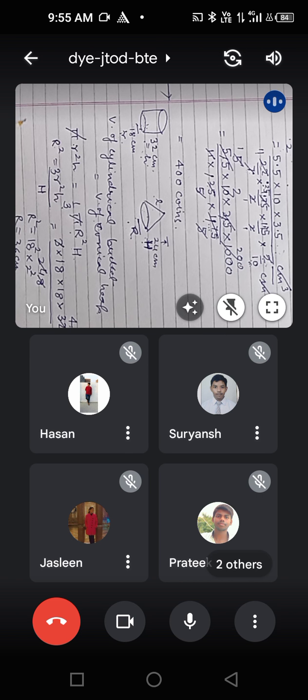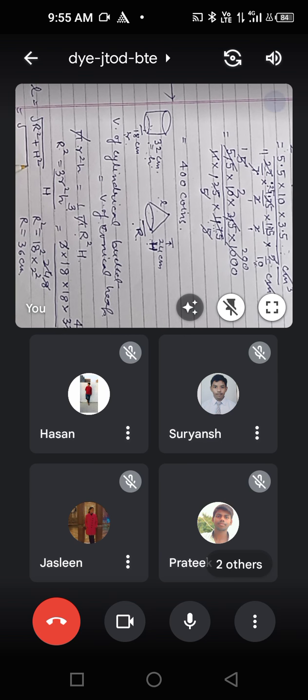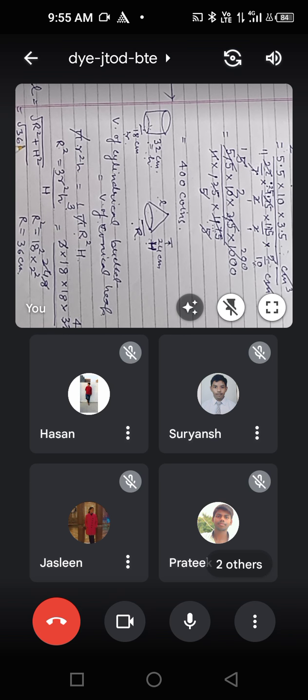Second part, they are asking the slant height. Slant height L is equal to the square root of r square plus h square, for the heap. So what is r? 36 square. What is h? 24 square. You know how to solve it? Yes.